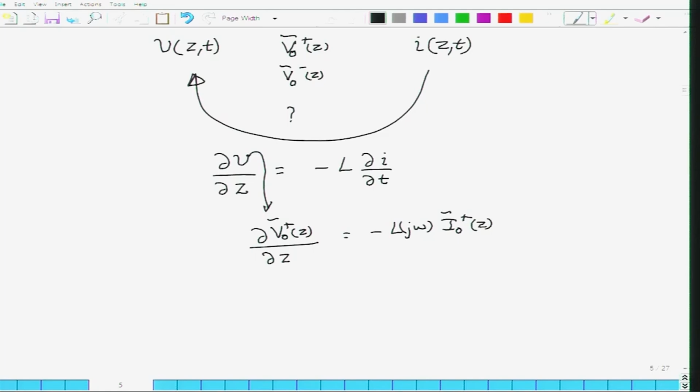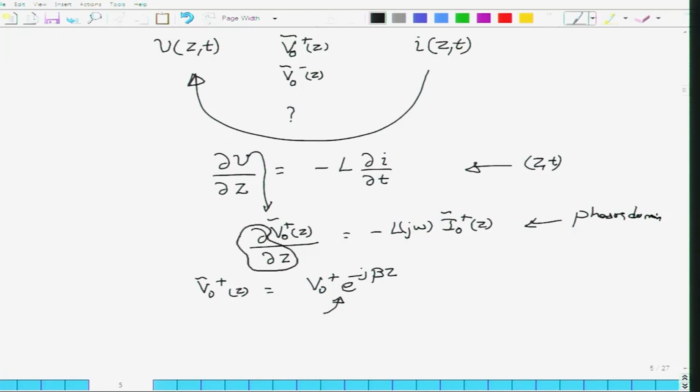Please note that I have gone from the z and t kind of notation to the phasor domain. So, I have gone to the phasor domain by changing these voltages and currents into their appropriate phasors. However, I do know that the V plus of z phasor is given by the amplitude V0 times the factor e to the power minus j beta z. If I take the derivative of this one, what would I get? Now, I do not even need to have the partial derivative.